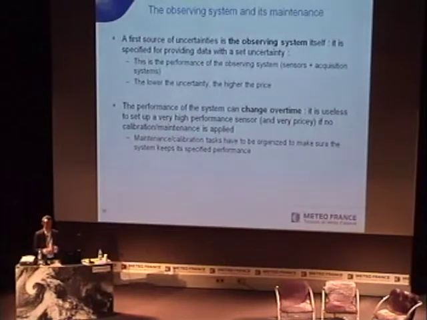But this is one parameter of the uncertainty. Another parameter is that the uncertainty can change over time. And if you do not respect proper maintenance and calibration operations, you will have a worse accuracy of your system.